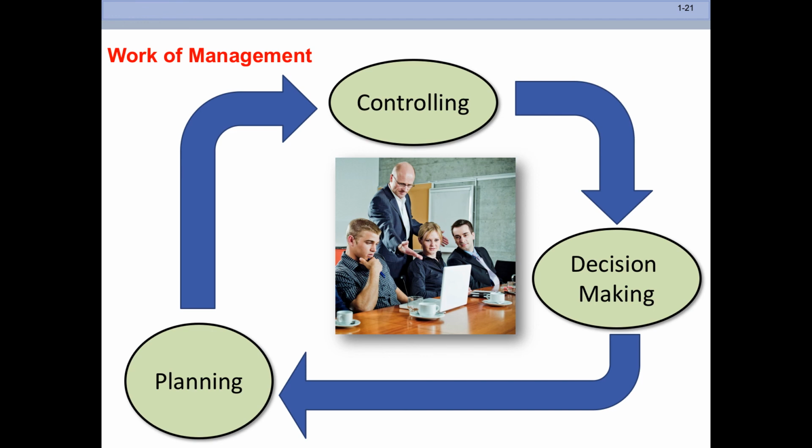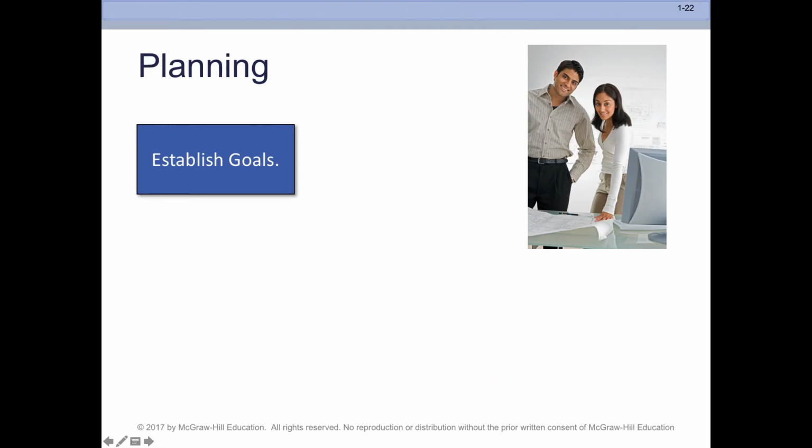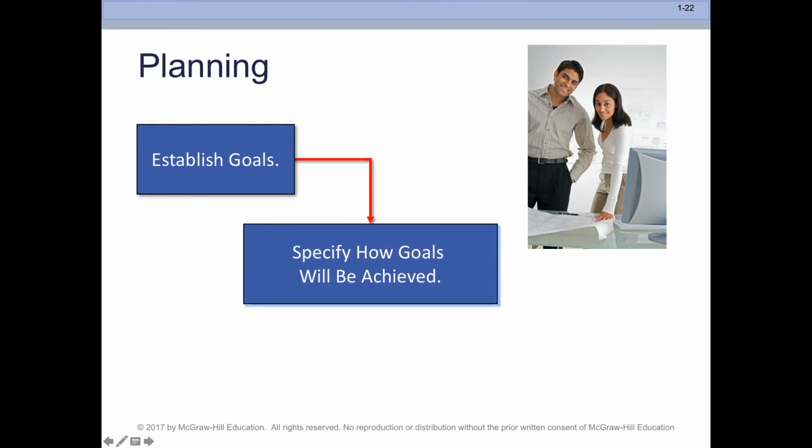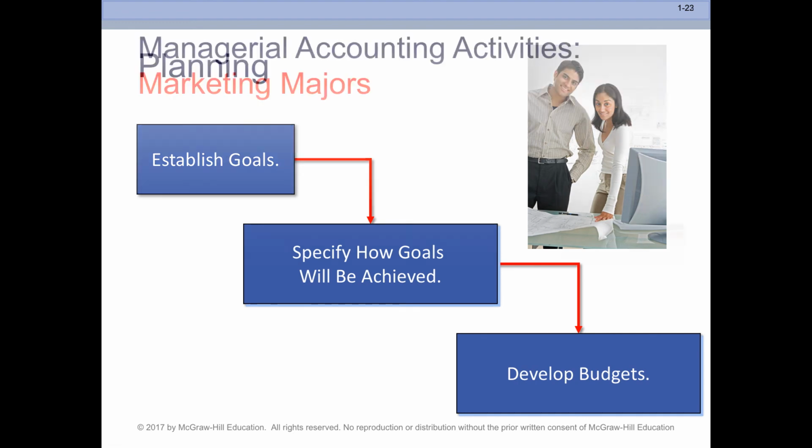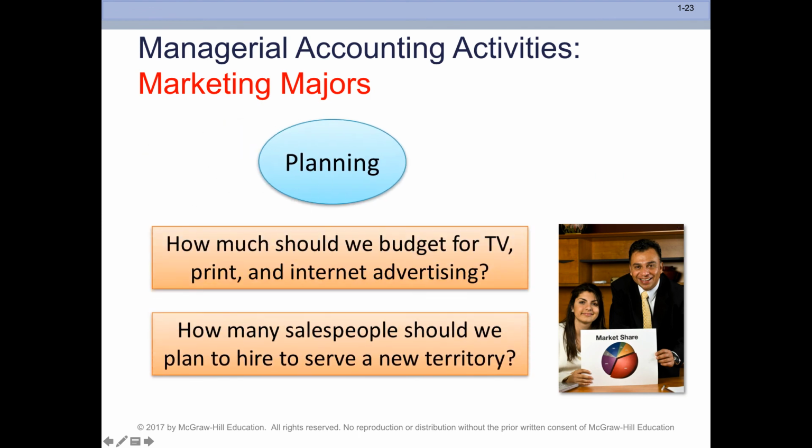And it's a constant flow. So this is really relevant whether we're an accountant, marketing, operations, whatever. We always establish goals, specify how those goals are going to be achieved, develop budgets, and then follow up on that to see how we're doing. So again, whether you're in marketing, you may be planning for different things.